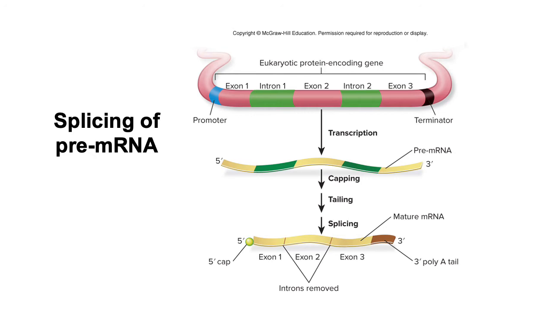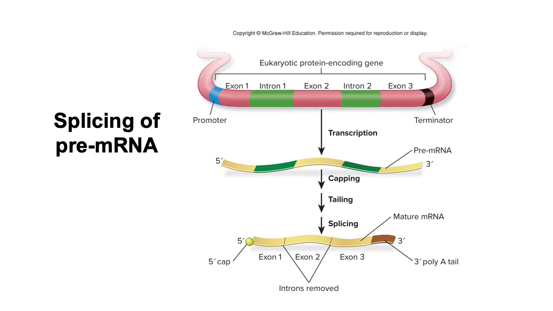So in splicing, what happens is there are a number of what we call non-coding regions, or introns, that are part of the pre-messenger RNA, or pre-mRNA. And those in this slide are shown in the green. There are a number of segments in the DNA that are transcribed into the pre-mRNA that get removed.